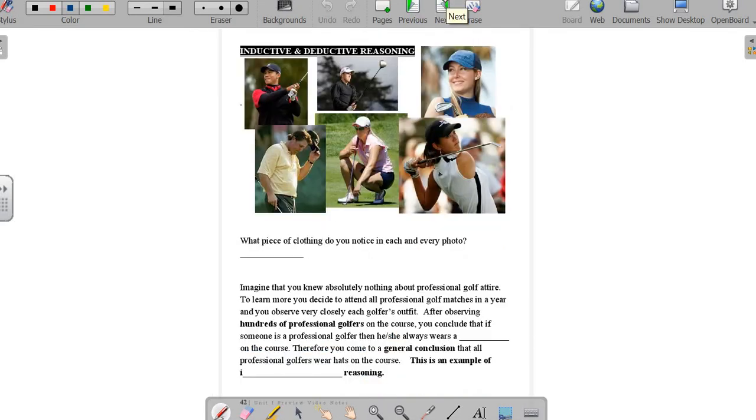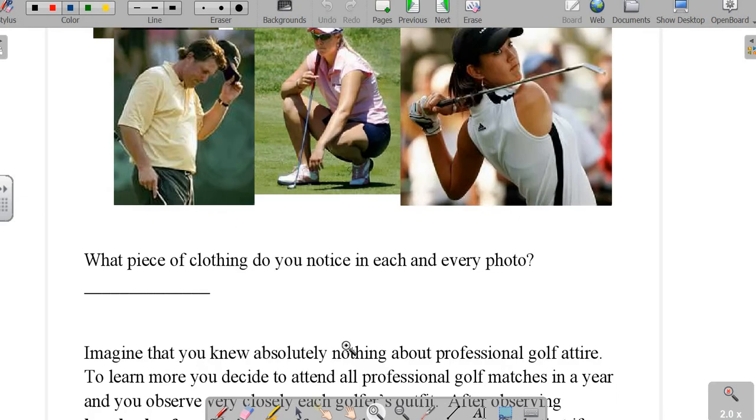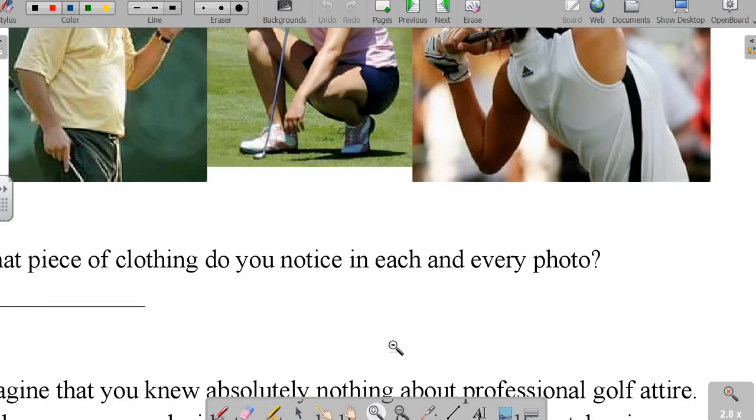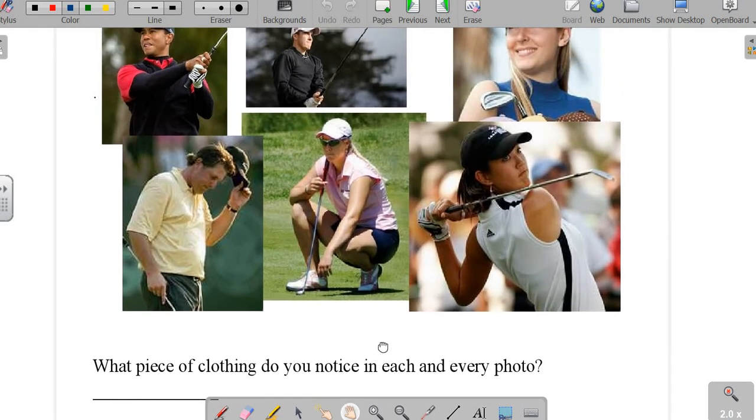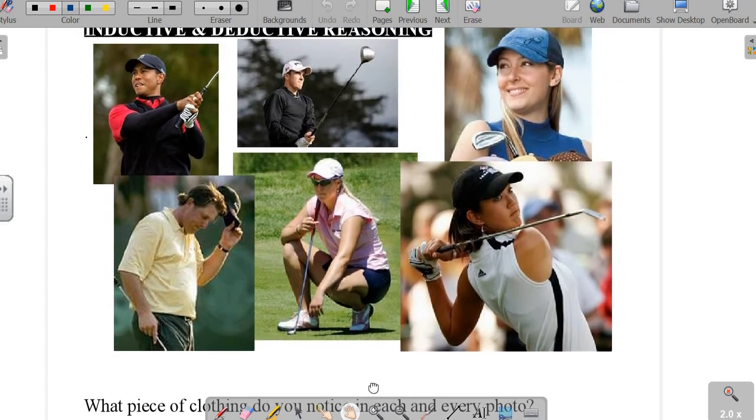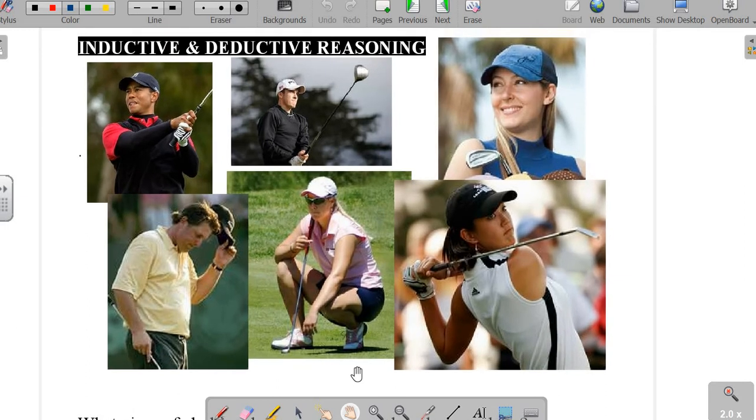Now we're going to talk about inductive and deductive reasoning. I'd like you to take a look at these photos very carefully. They're all golfers. Ask yourself, what do you notice about every single one of these golfers? Specifically about their clothing.